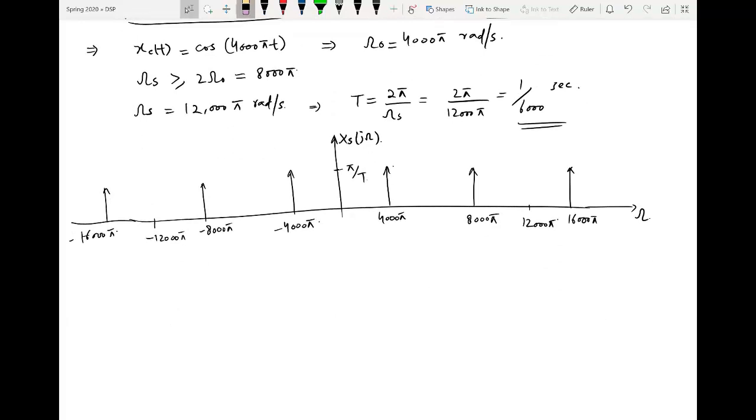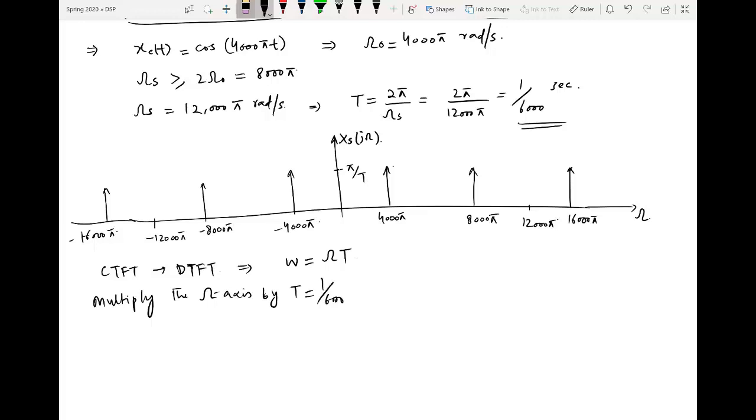Now, in order to convert this CTFT into DTFT, we will use this mapping. Small omega is equal to capital omega into T. So in order to convert the above axis, which is of capital omega, we multiply the omega axis by capital T, which is equal to 1 over 6,000, already found.